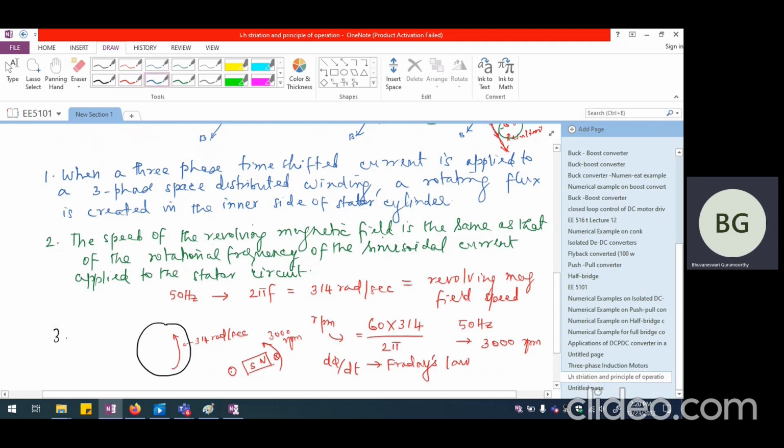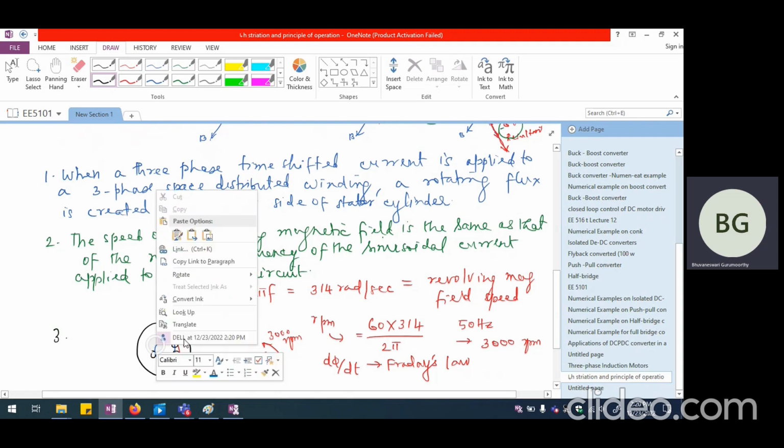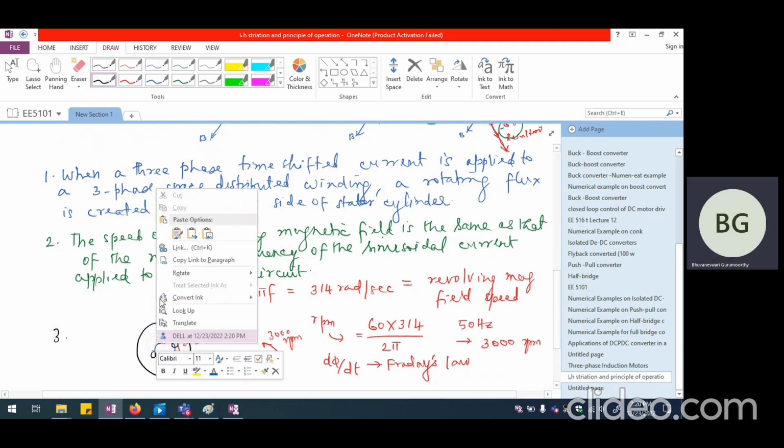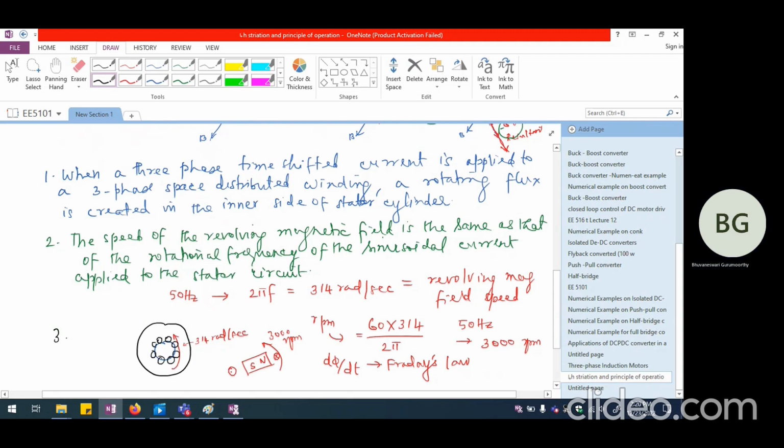So if I assume that the rotor is here, and the rotor conductors are placed in the outer periphery of the rotor like this, whatever we showed as squirrel cage rotor conductors, then the rotor conductors are also extending into the board, just like the stator.